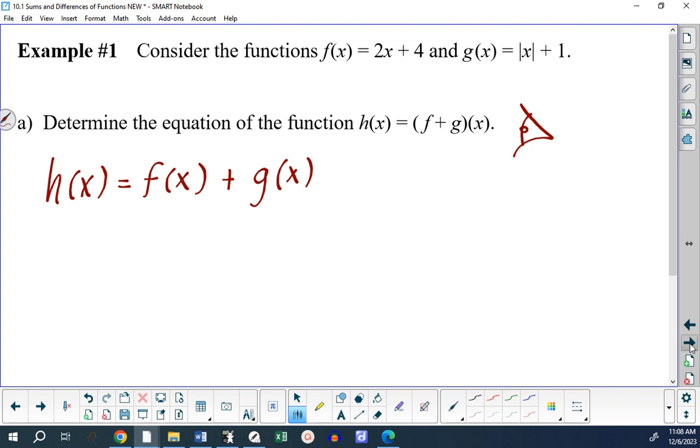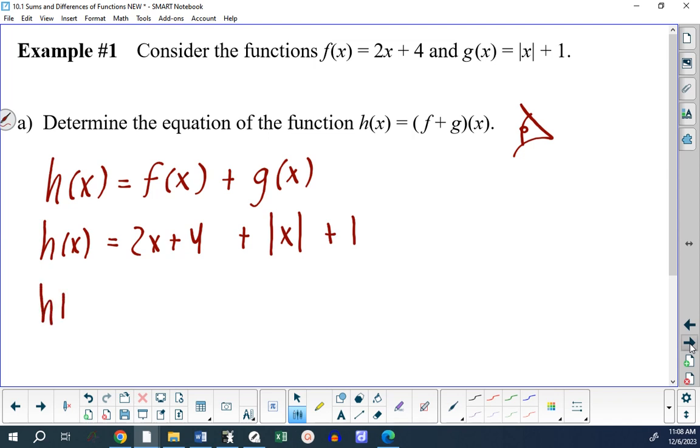And we look up here and we see f of x is 2x plus 4. g of x is the absolute value of x plus 1. We can simplify that a little bit, like the 4 and the 1 add together to give 5. And that means the equation of the function h of x is, it doesn't matter the order that you write these things in.